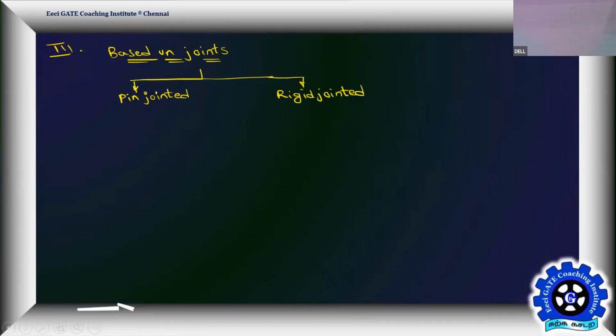Basically your structure is divided into two, based on joints only, how they are joined. We have pin jointed structures and rigid jointed structures. Two things are there.